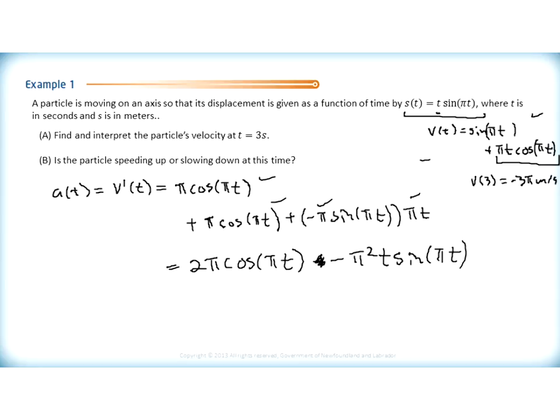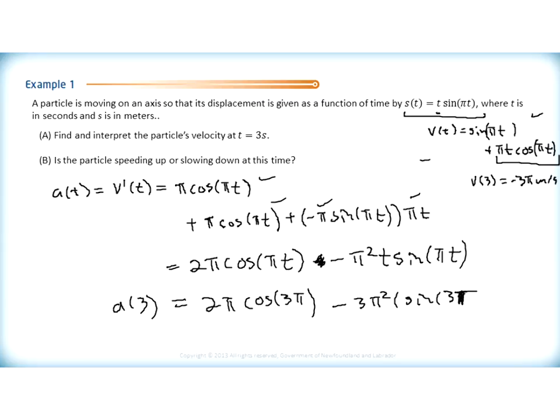Okay, so that's nice. If I let t equal 3 now to find my acceleration at time 3, I'm going to have 2 pi times cosine of 3 pi minus 3 pi squared times the sine of 3 pi. Whoops, not 35, 3 pi.